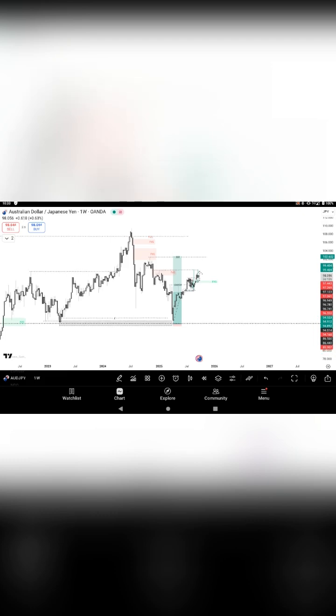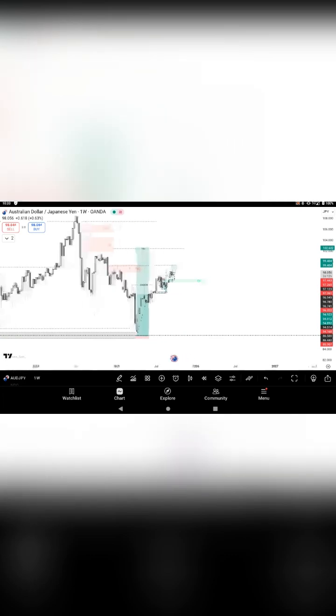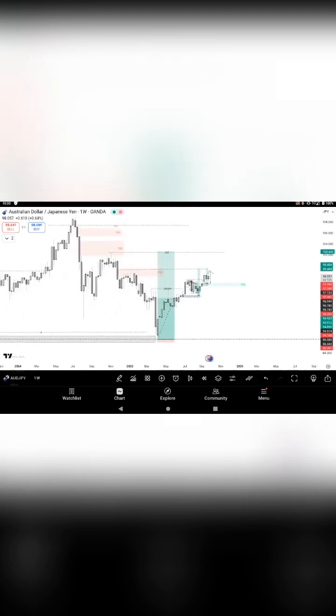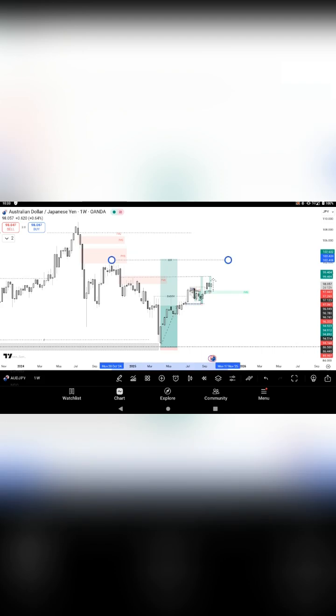Okay? So strongly bullish on AUDJPY for now until these two internal highs are taken out. This high, and this high. These internal highs, until they are taken out, I'm strongly bullish.